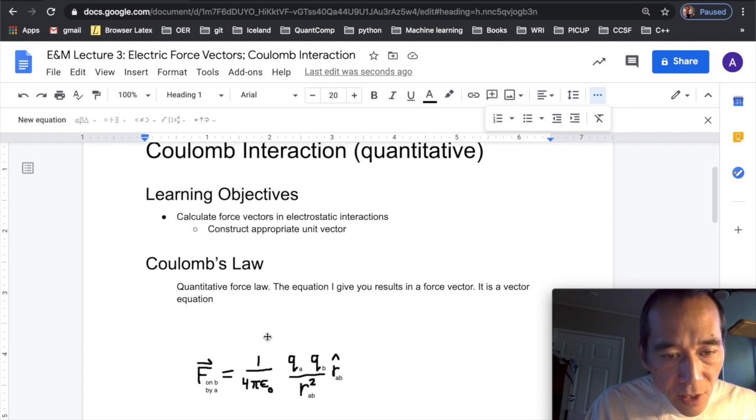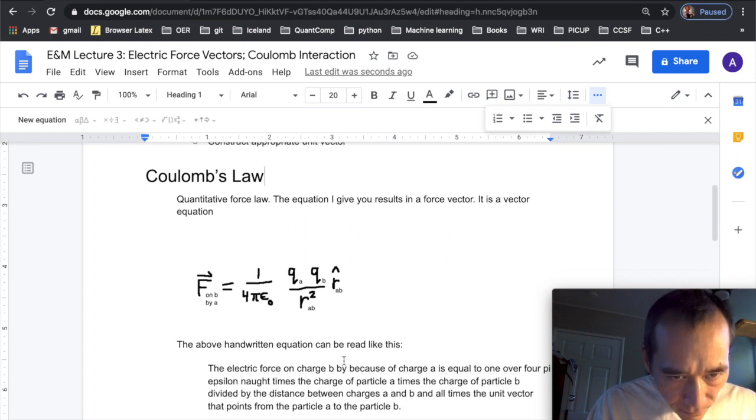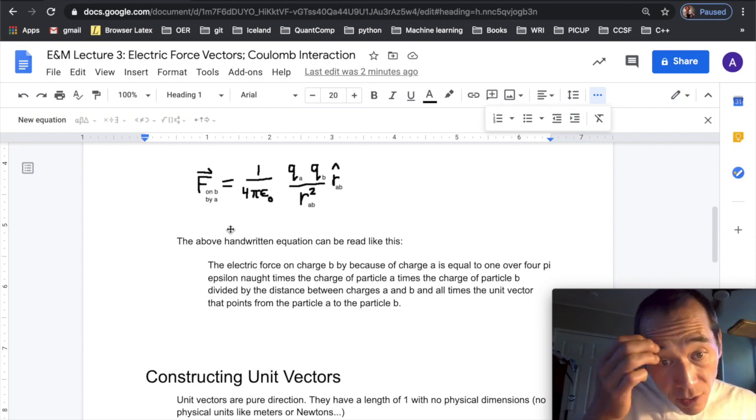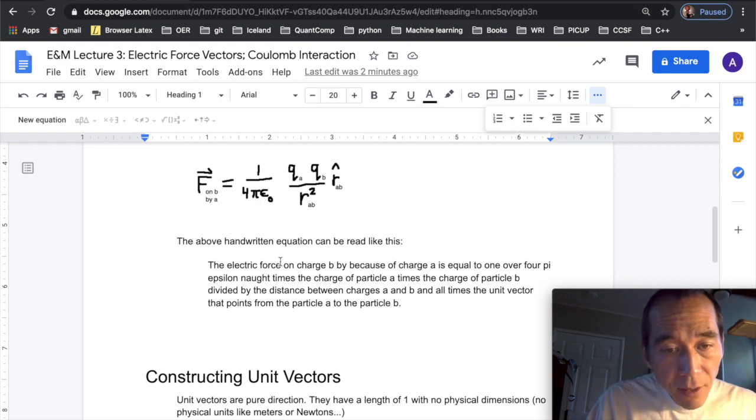So this equation gives you a force vector. It's a vector equation. So I wrote out how you would read this formula. I think it's valuable to be able to say it out loud, literally. So you could read this, and it is a reading of the formula itself.